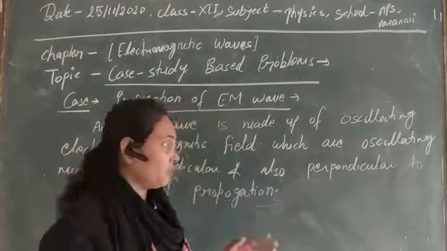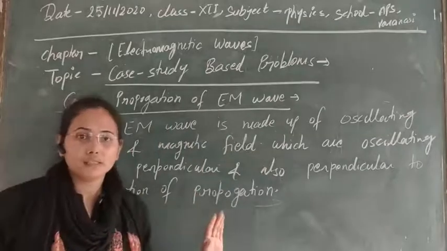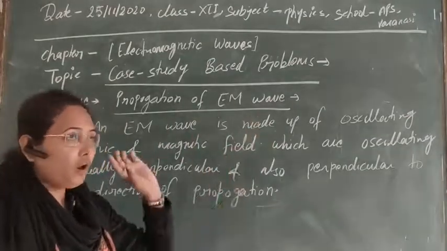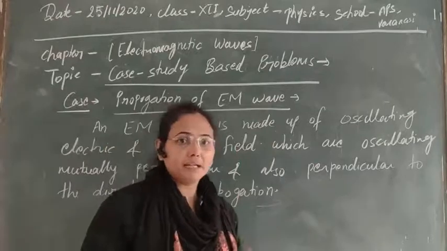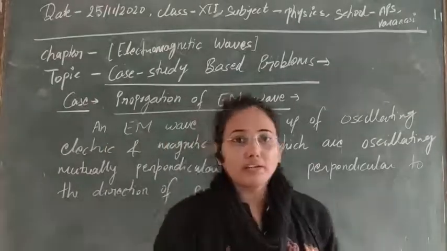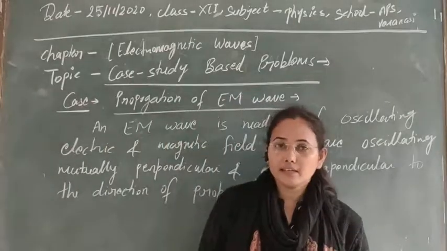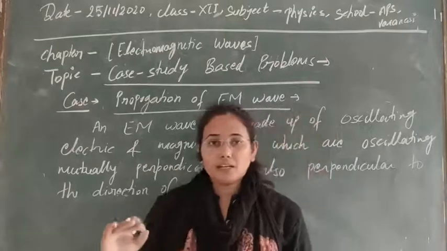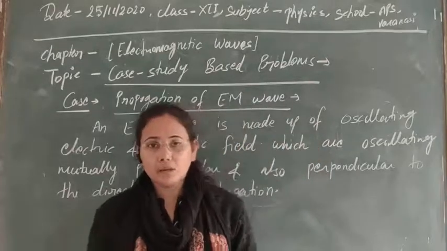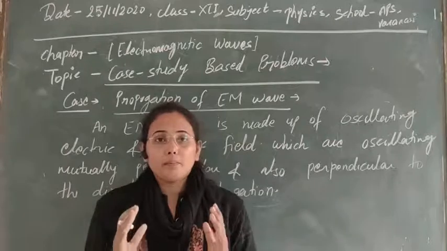So don't think that this chapter is easy, as it contains all the properties of electric and magnetic fields. Whatever you have studied in electrostatics, magnetostatics, electrodynamics and magnetodynamics is a combination of these.